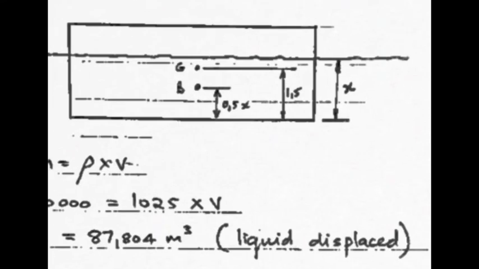Now remember that the vessel is 3 meters deep, so the distance from its center of gravity to the lower face of the vessel must be 1.5 meters.